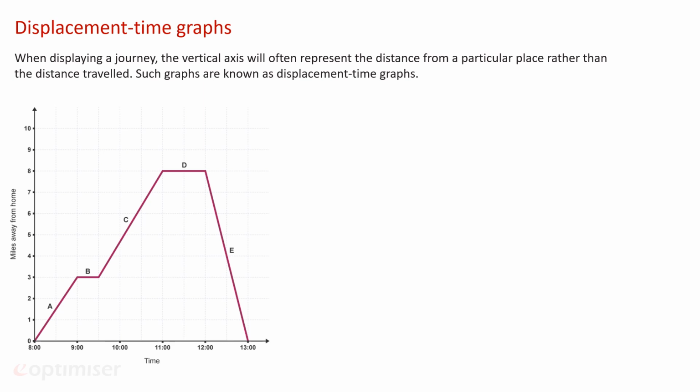From 9 to 9:30 you are resting, then you are going away again. At 11 o'clock you reach around 8 miles. Then you are resting from 11 to 12 o'clock. Then you return home, reaching home at 1 o'clock.